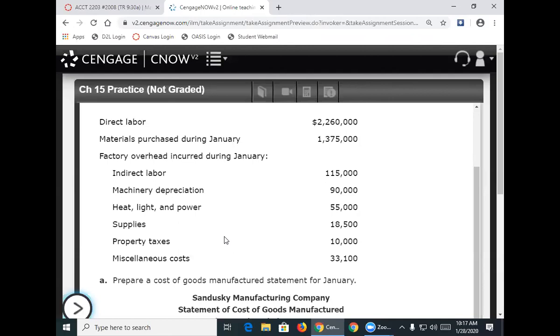The next step is to balance finished goods. So we do the same thing. We take our 4 million, add those two together, 4,710,000 minus the ending balance. That gives me my cost of goods sold: 3,995,000.